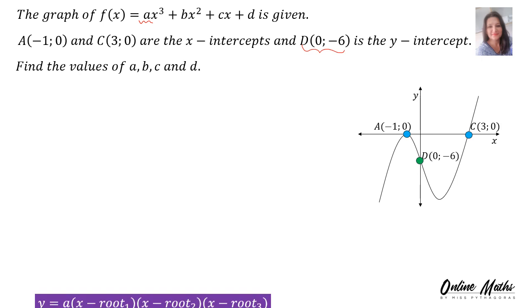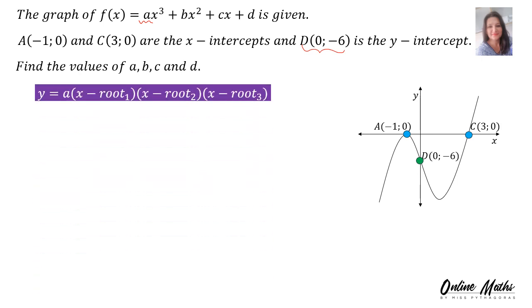So what we will do is, into the formula, y is equal to a, x minus root 1, x minus root 2, x minus root 3. First of all, we will find a's value. And we will do that by, the first step will be to substitute the roots.